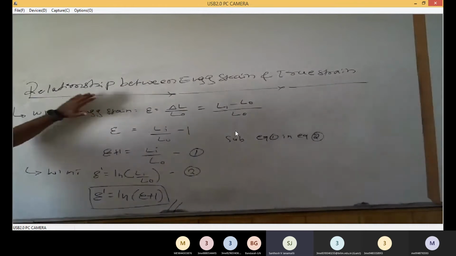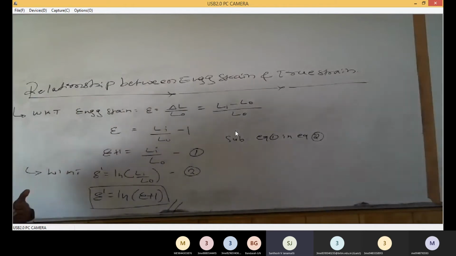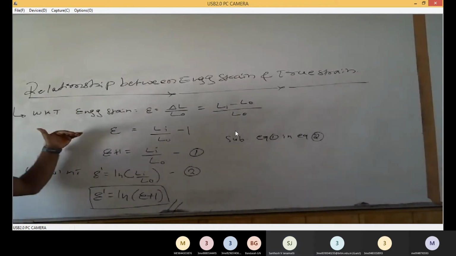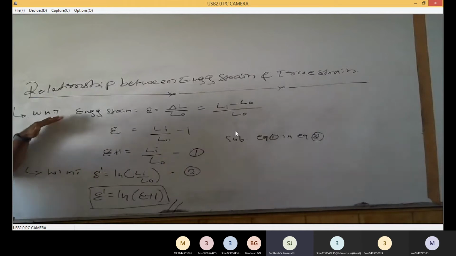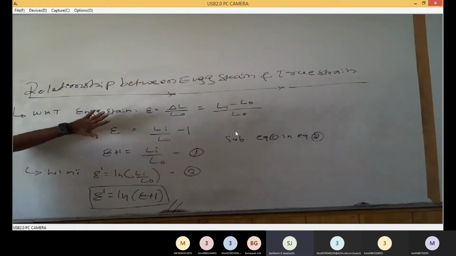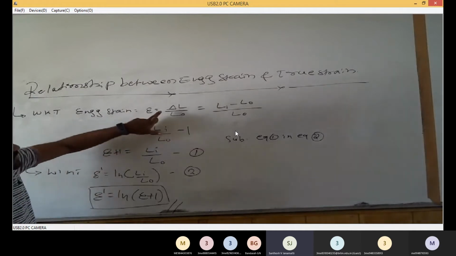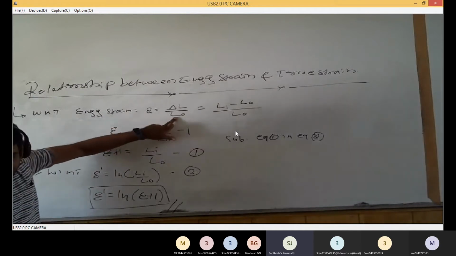So now I am establishing the relationship between engineering strain and true strain. What is engineering strain? It is very simple. We know that engineering strain is equal to delta L by L naught.